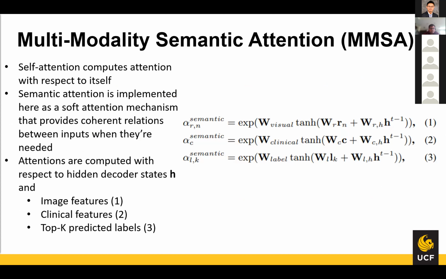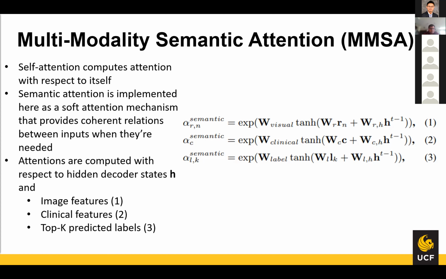So just to define again what the self-attention versus semantic attention is. Self-attention computes attention with respect to the inputs themselves. In this case, semantic attention is implemented here as a soft attention mechanism that provides some coherent relationship between the inputs and when they're actually needed.